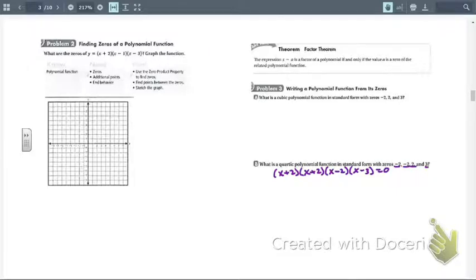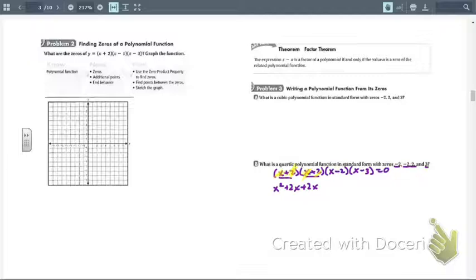Okay. So let's FOIL these first two together. x times x is going to give us x squared. And then the outers, x times 2 is a positive 2x. And then the inners, 2 times x is a positive 2x.